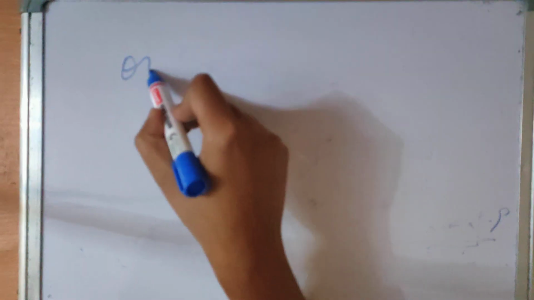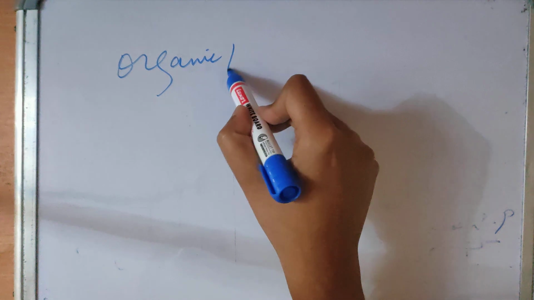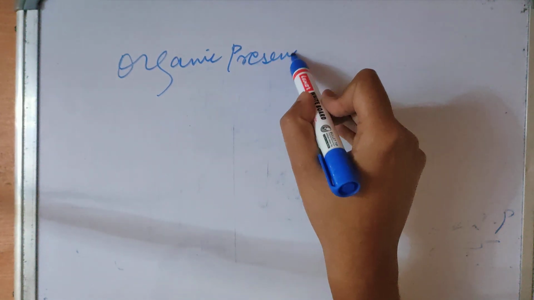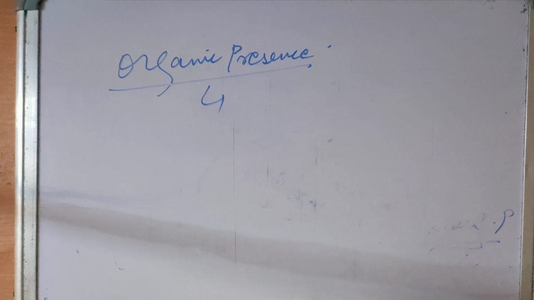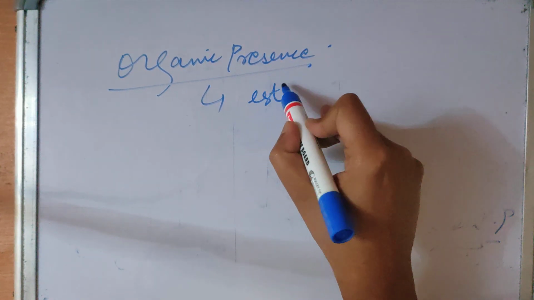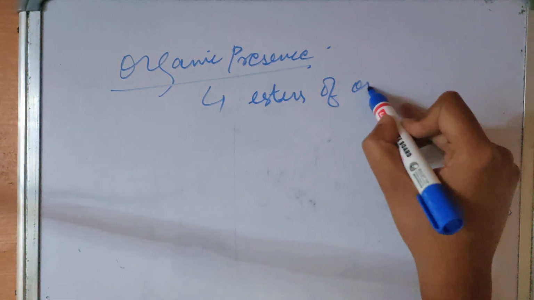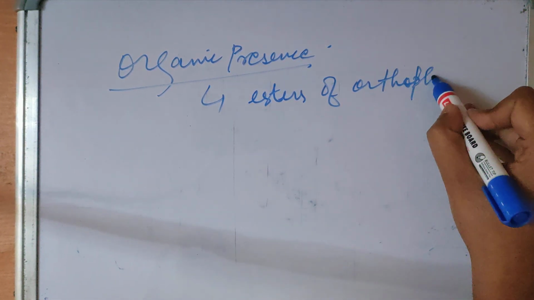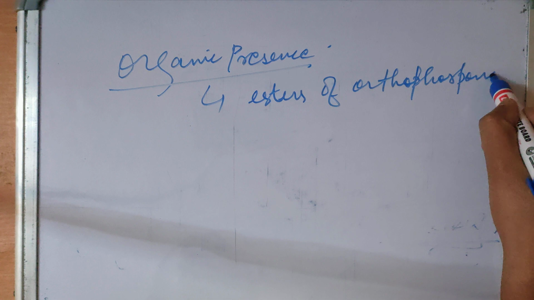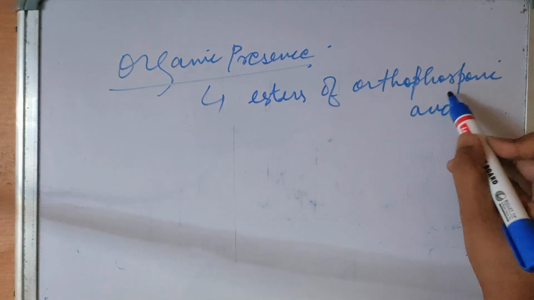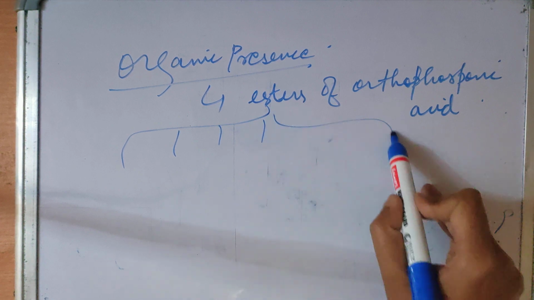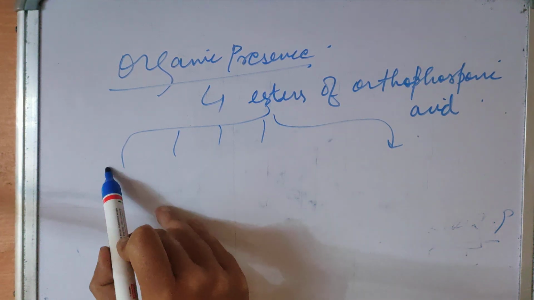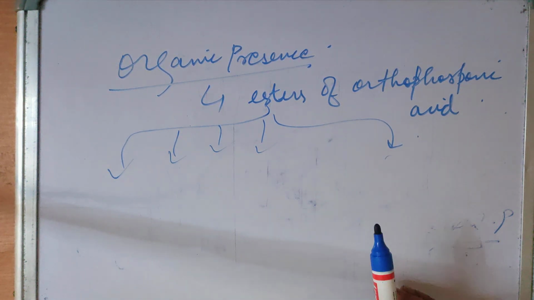Now moving on to the organic presence. In organic phosphorus, they always occur as esters of orthophosphoric acid. And we all know that these esters are divided into 5 classes for phosphorus in soil.